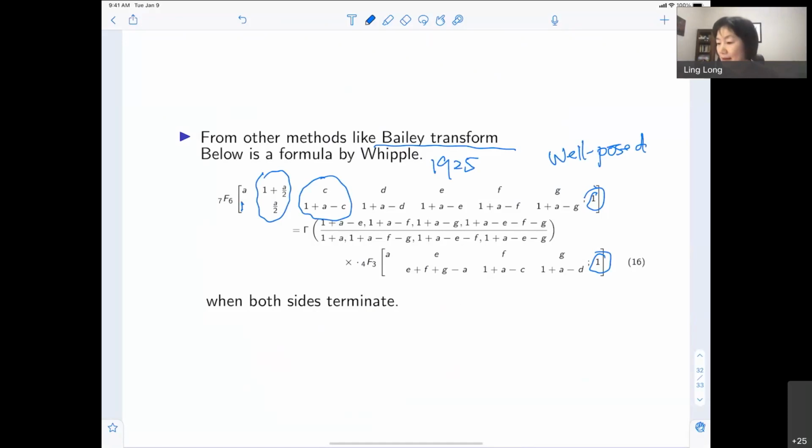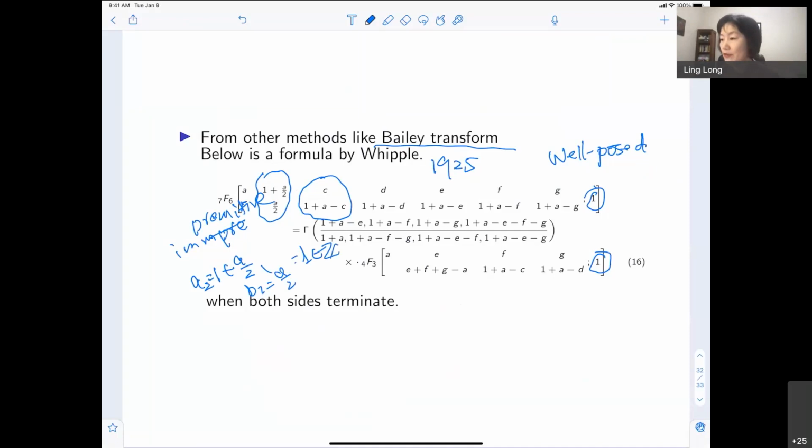And another feature about the left-hand side is that for sure it's not primitive. In the sense that if you look at this A2 and B2, you have A2 to be 1 plus a over 2, B2 to be a over 2. The difference is 1, an integer. So it's imprimitive.